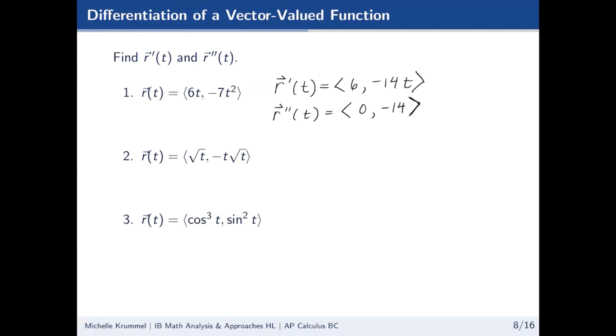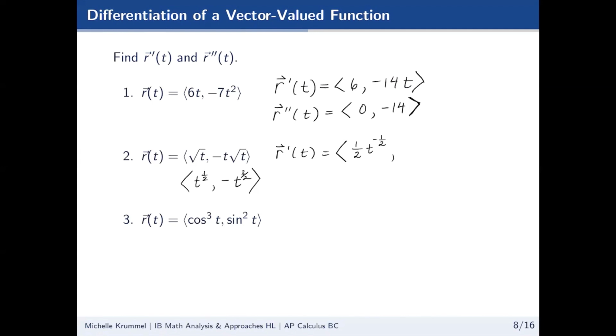For number 2, we're going to start by taking the derivative of our x component, the derivative of the square root of t. So we can think of this as t to the power 1/2 there, and negative t to the power 3/2 over here. Derivative of t to the 1/2, we're just using our power rule, 1/2 t to the negative 1/2.